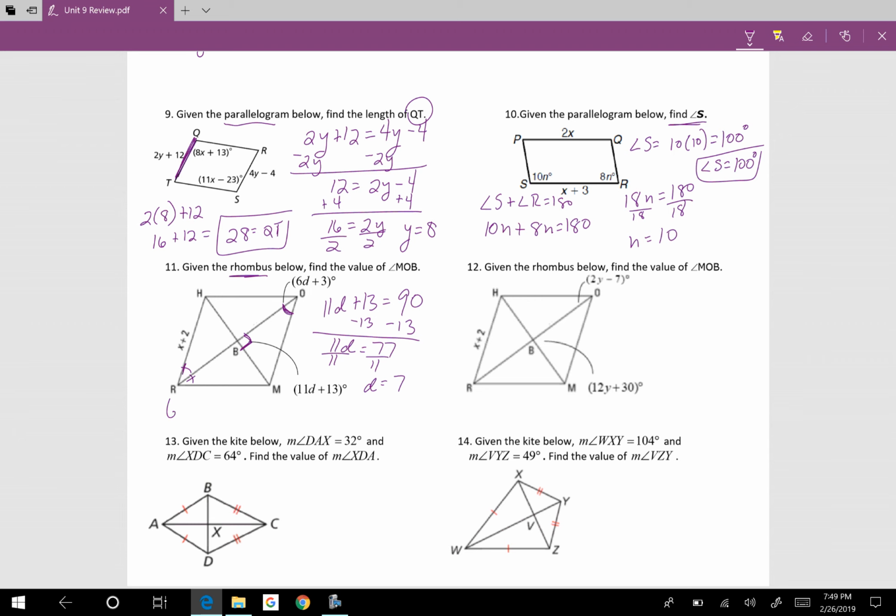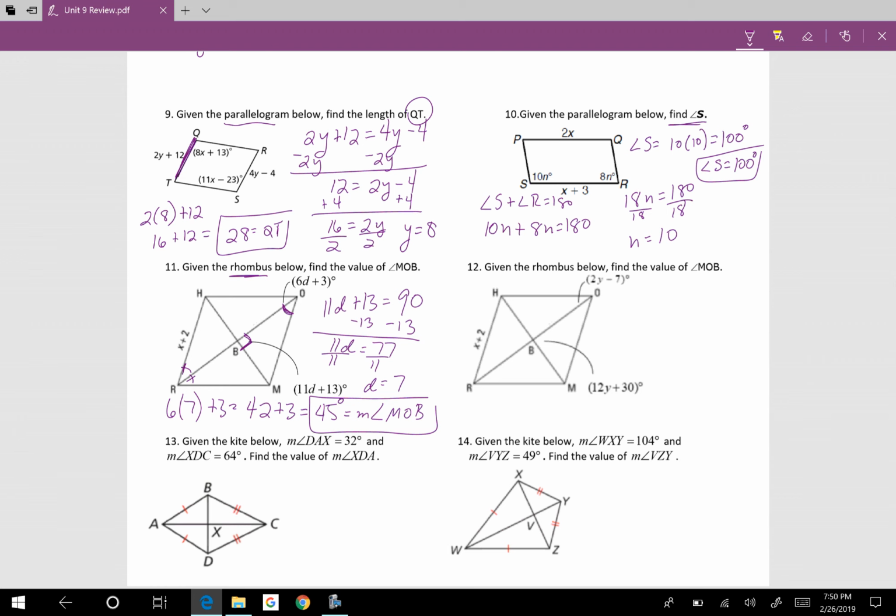So we just plug in. So 6 times 7 plus 3. So that's 42 plus 3, which is 45. And that's the measure of angle MOB. 45 degrees.